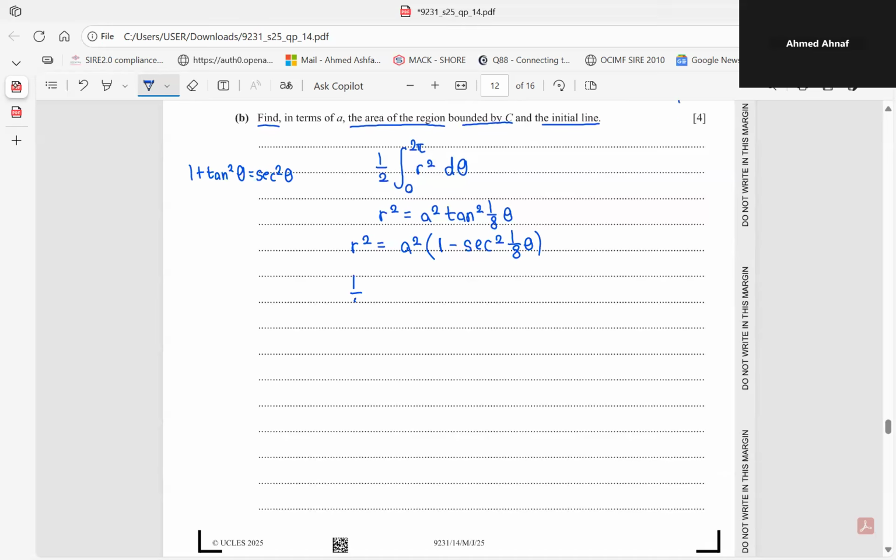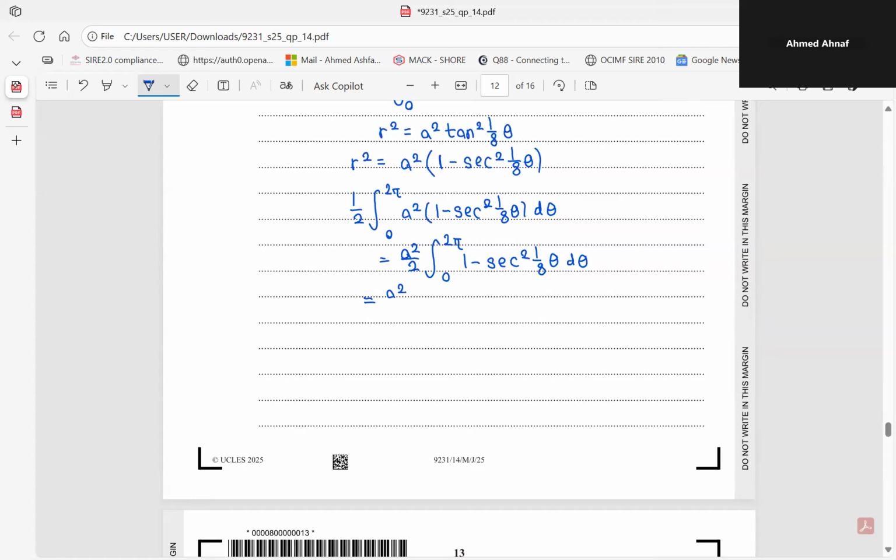Now let's substitute this: the integral from 0 to 2π of a squared times (sec squared θ/8 minus 1) dθ. Now we take out the constant terms, so a squared over 2, integral from 0 to 2π of (sec squared θ/8 minus 1) dθ.